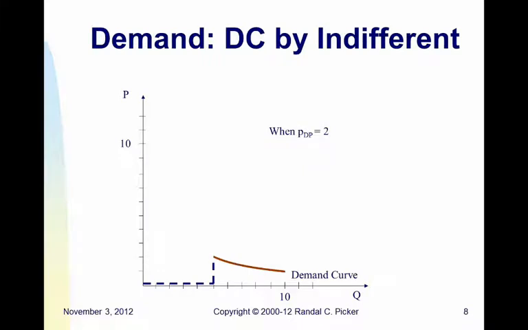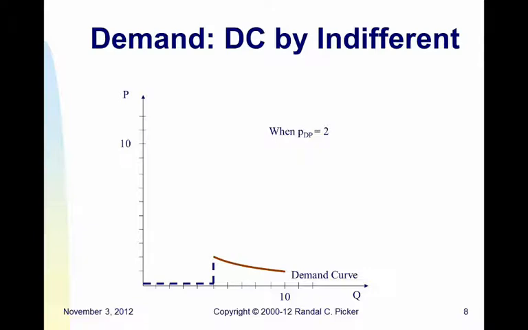Okay, but what about the indifferent consumer? Well, now it's more complicated, because the price of Diet Pepsi matters. So let's ask what the demand curve is by the indifferent consumer for Diet Coke. That turns out to matter when the price of Diet Pepsi is 2.